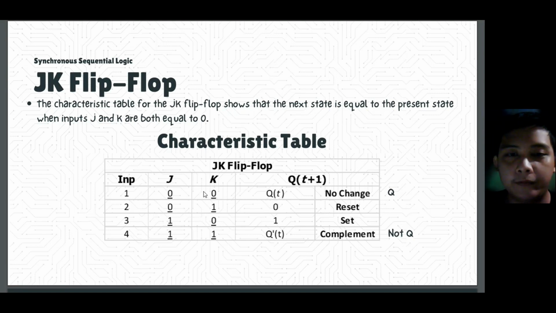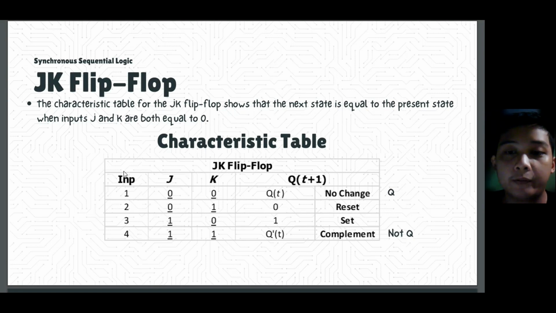So if both inputs J and K are equal to 0, the clock edge leaves the output unchanged, or no change. Then when J is equal to 0 and K is equal to 1, Q(t+1) is equal to 0. So the next clock edge resets the output to 0.